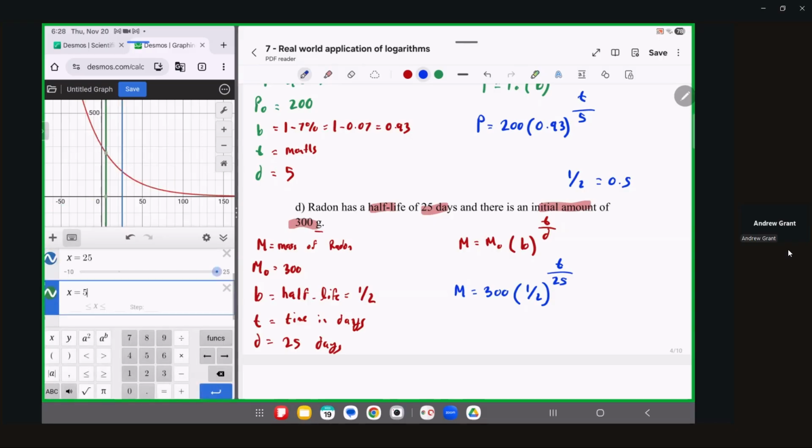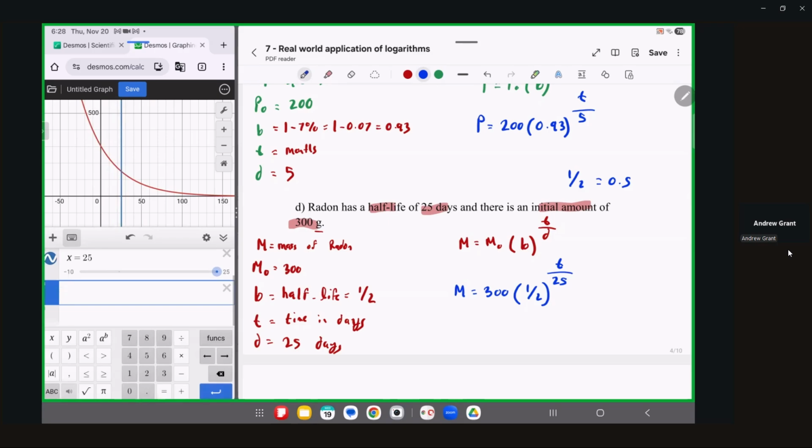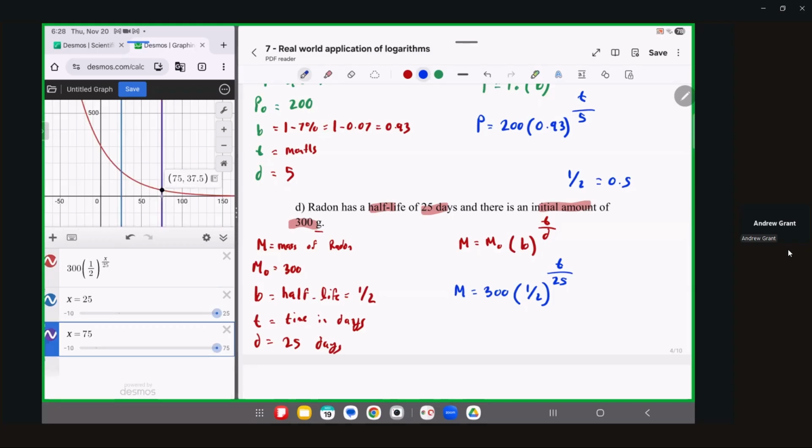If we go another 25 days later, we're now at 75. Then you would expect, what's half of 75? That'll be 37.5, and that'll happen at day 75. So you can see every 25 days, half of it goes away.